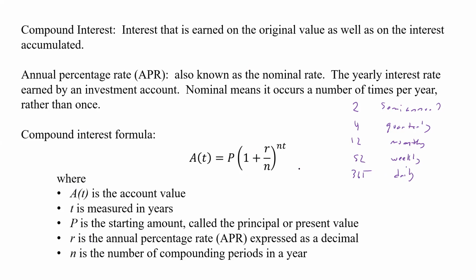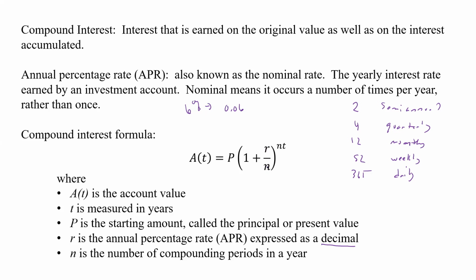And this is the formula we'll use for compounding interest. It's going to be our future value, or the account value after a certain amount of time. It's going to be the principal, P, times 1 plus our rate. Now note, the rate has to be expressed as a decimal. So if they give you 6%, you're going to have to convert that to 0.06 to put it into this equation.